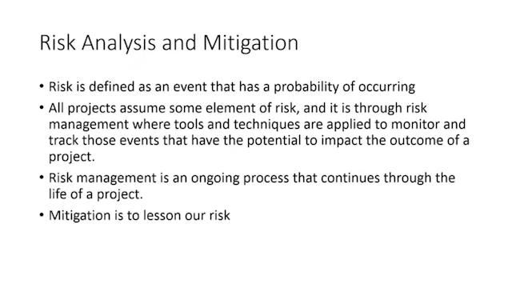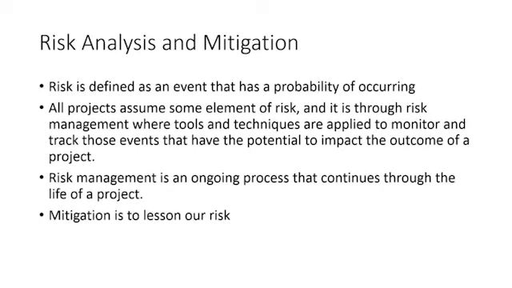We can also do the risk analysis and mitigation. Now we know risk is defined as an event that has a probability of occurring. Remember, way back in chapter 1, we talked about risk and the likelihood of something happening. All projects assume some element of risk. We know there's going to be what they call inherent risk.